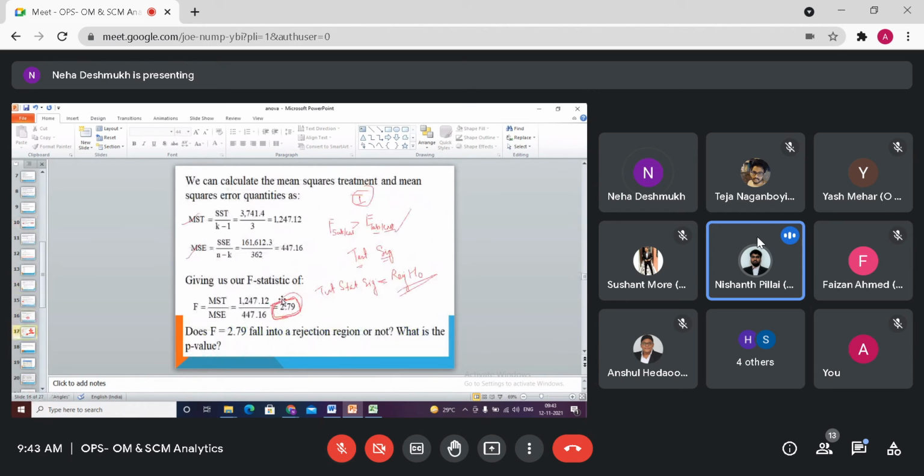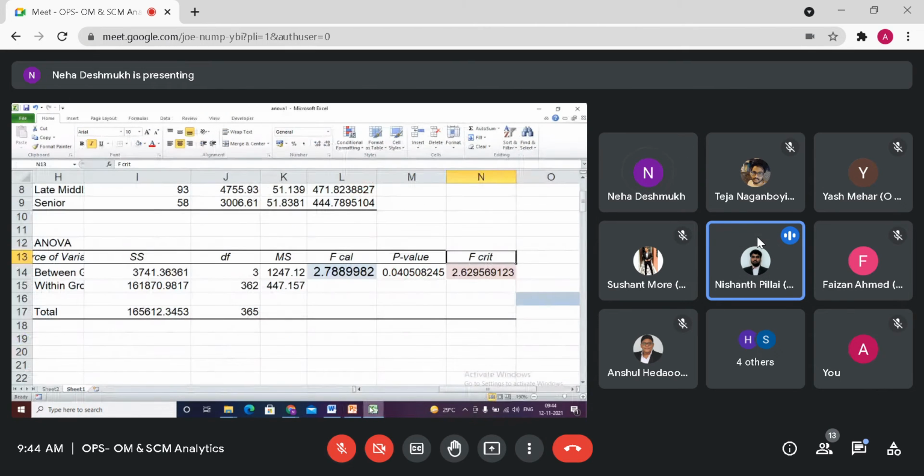In the ANOVA table, the F value we look up is F critical, right? Yes, this one. So we don't have to look at the table if Excel gives it. It's not exactly a log table, it's an F table.